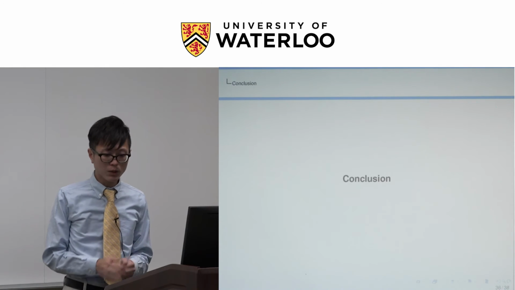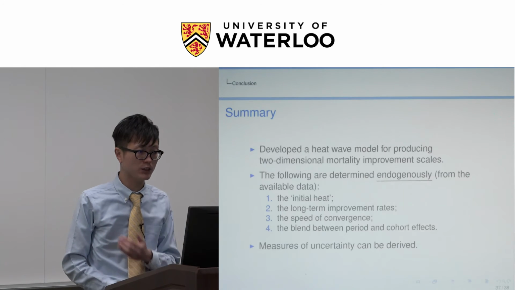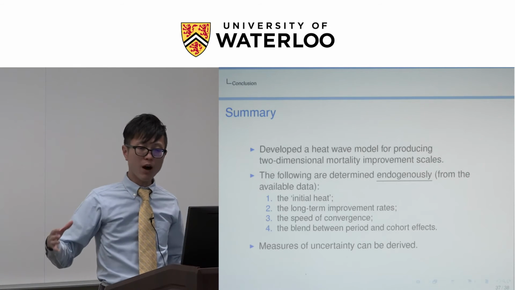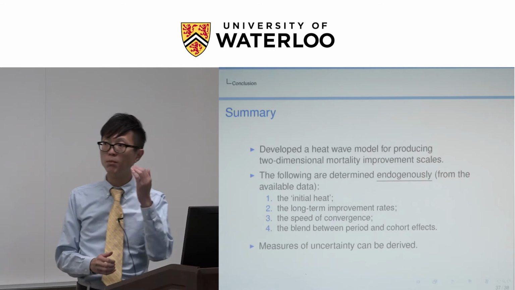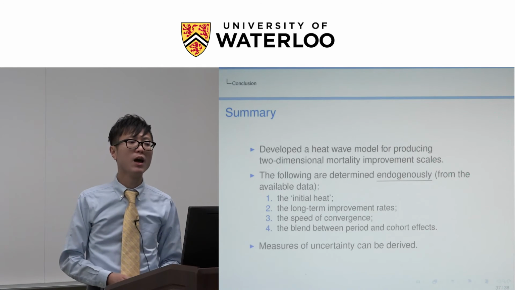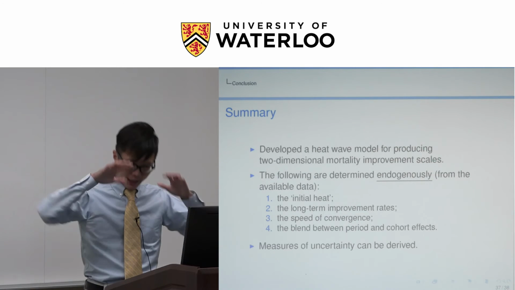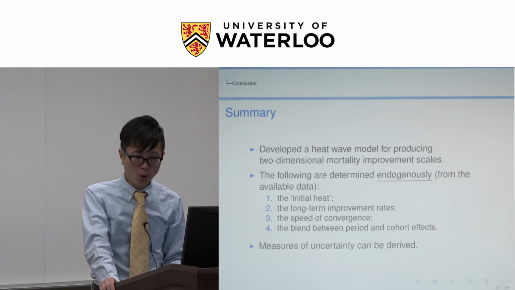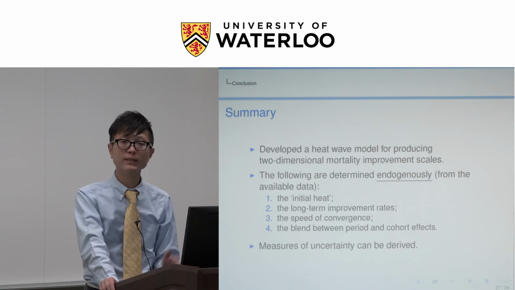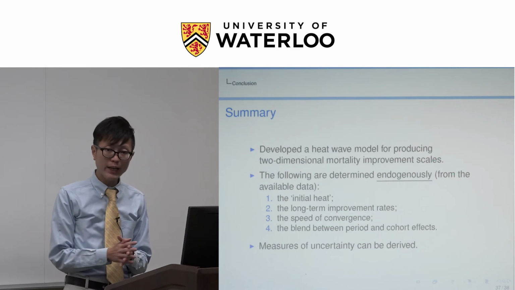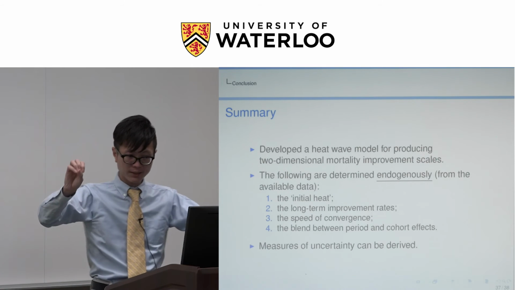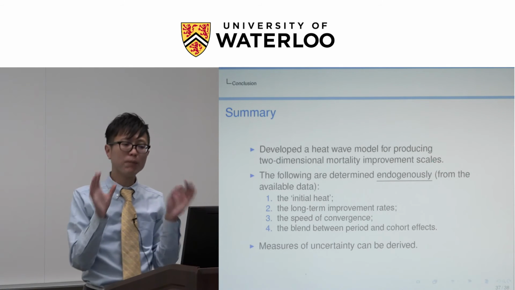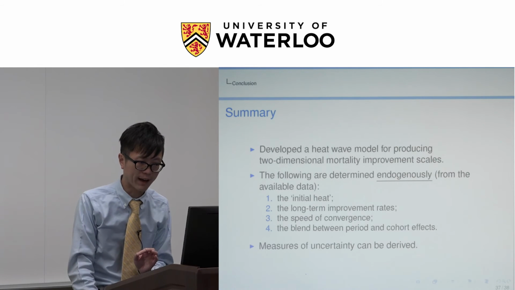Okay, so it's time to conclude what we have done in today's presentation. In today's presentation, I have introduced a heat wave model for producing 2-dimensional mortality improvement scales. It is important to note that in the heat wave model, the key quantities are determined endogenously, i.e. from the available data, and these key quantities include the initial heat, the long-term improvement rates, the speed of convergence, and the blend between period and cohort effects.